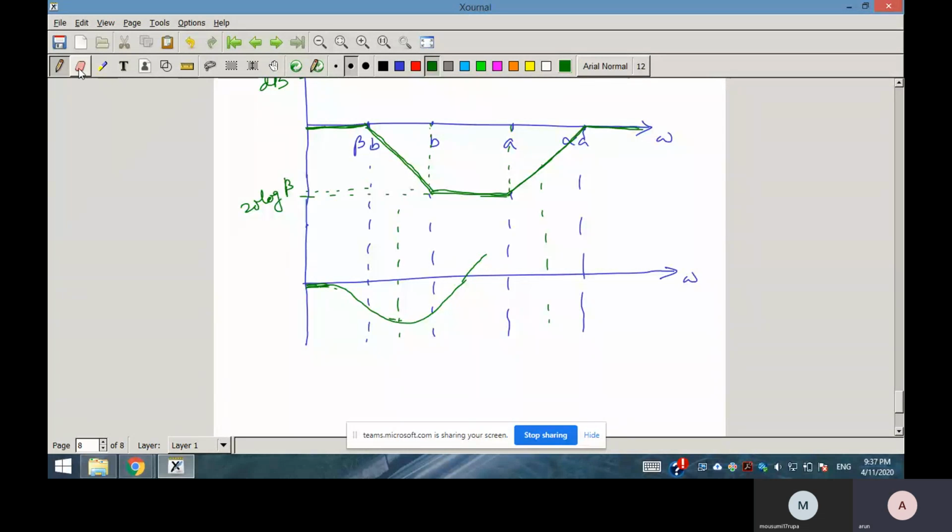Sorry, my drawing is not correct. Then it will go like this, so your phase plot is like this.